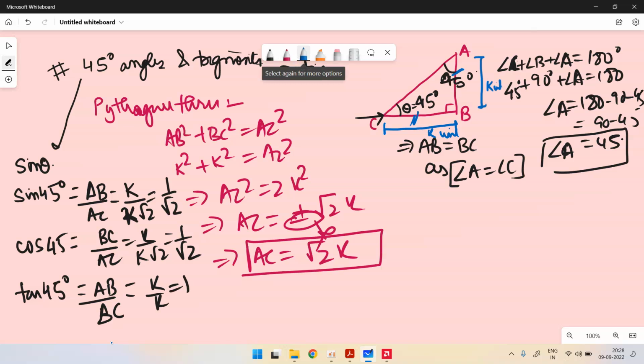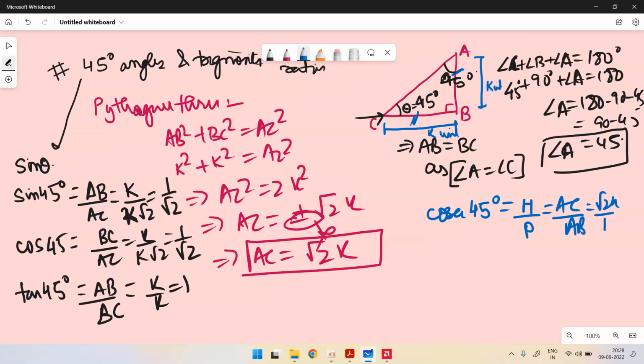Now next is cosec 45 degrees. Cosec 45 is hypotenuse by perpendicular, where hypotenuse is AC and perpendicular is AB. So this is root 2 K by K, which is root 2.